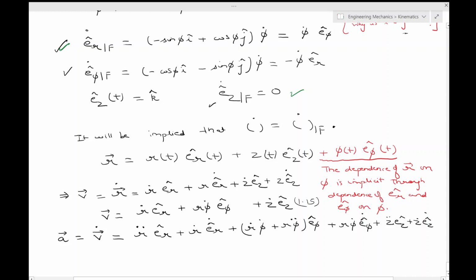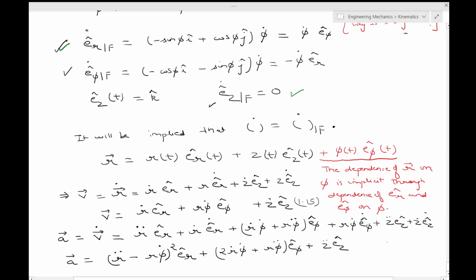Then we should be able to write the acceleration just like we have done for the velocity as r double dot minus r phi dot whole square er hat, plus 2 r dot phi dot plus r phi double dot e phi hat, plus z double dot ez hat.